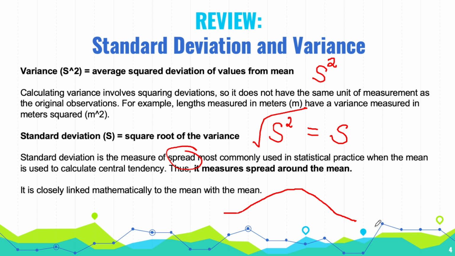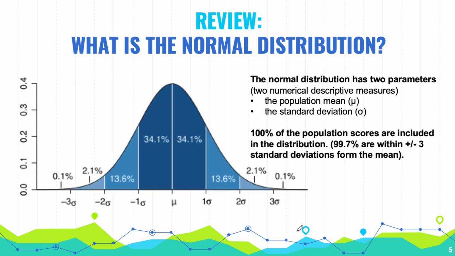If I have a small value for a standard deviation, I would expect to see a very tall, squished, and skinny normal distribution. And here again is a normal distribution with the useful probability values included in the area underneath the curve and above the x-axis.